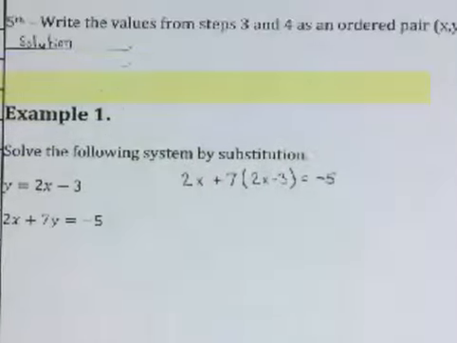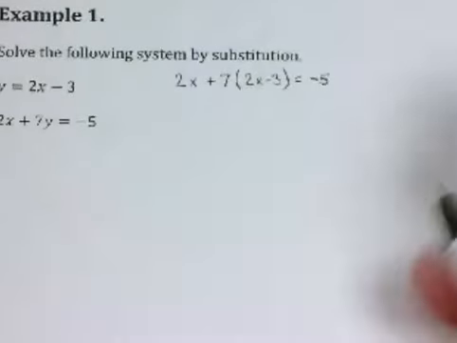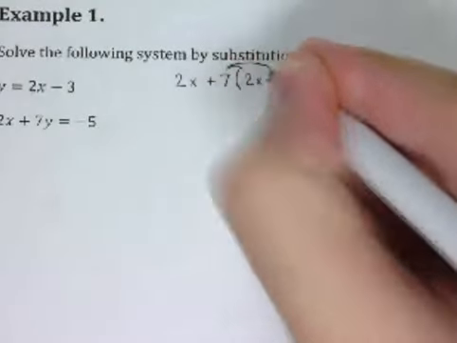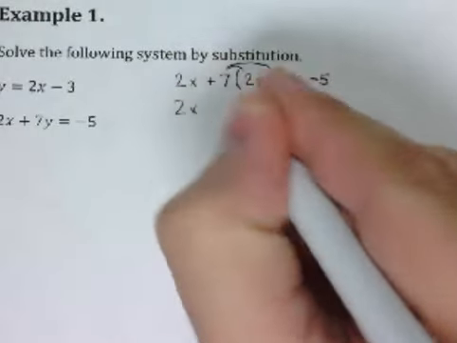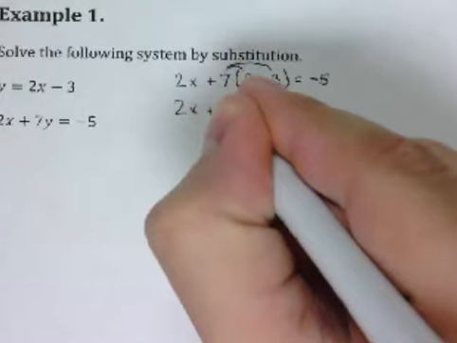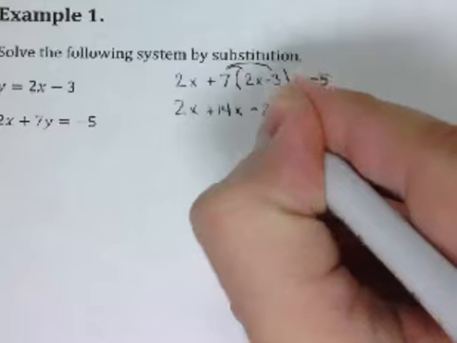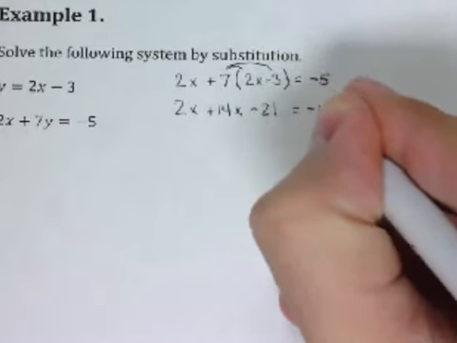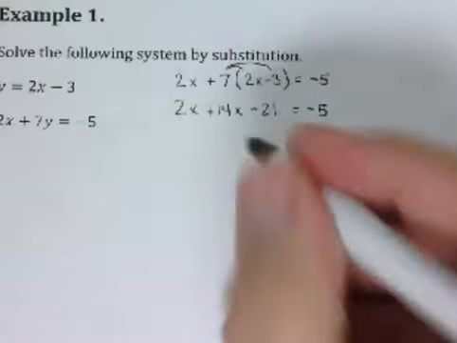Now the third step is to solve that equation to get the value of the first variable. So let's go ahead and do that. The first thing we want to do is distribute the 7. 7 times 2x, remember we've got 2x still, 7 times 2x is 14x. And 7 times negative 3 is negative 21. Is equal to negative 5. So we can combine our like terms. We've got 2x and 14x make 16x.